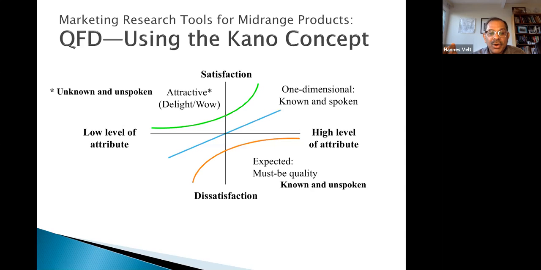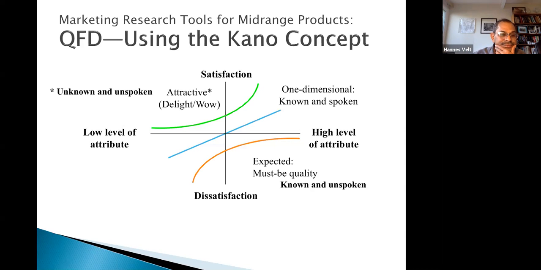So although this is a static diagram at one point in time, if you extend the time dimension, the green line will eventually become the blue line, and the blue line will get absorbed into the orange line. And therefore, in terms of product design, the real challenge and the real opportunity is to come up with what's going to be the next green line, the next killer feature or functionality that will wow the marketplace.